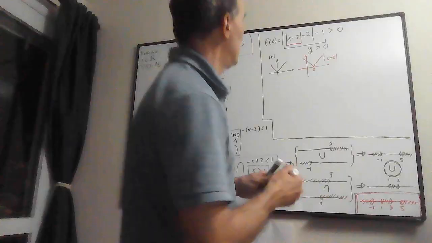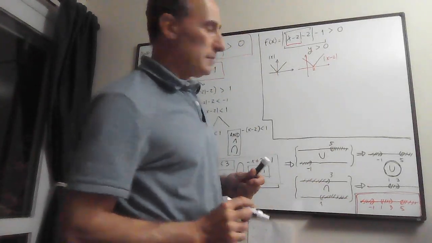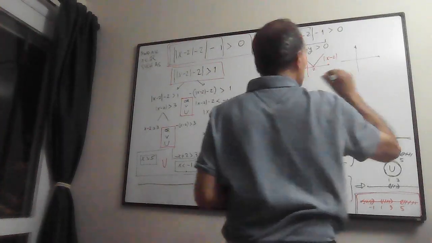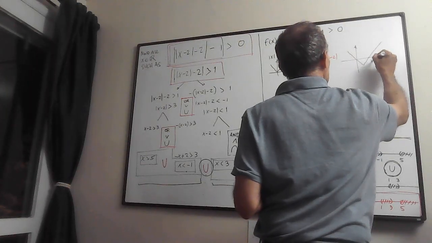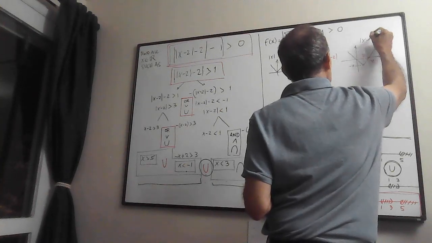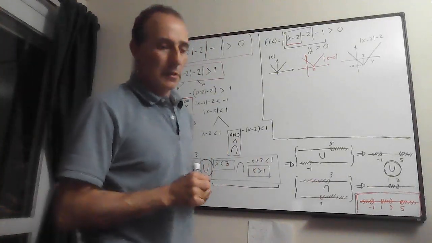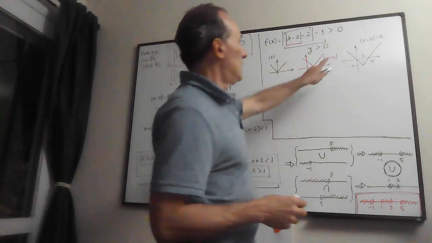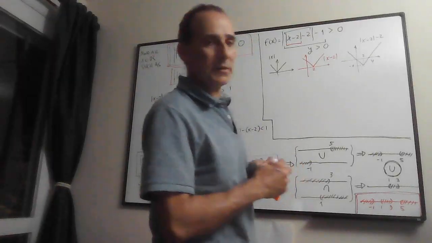Then you have a second transformation, which is a vertical shift. So the graph of the absolute value of x minus 2 is shifted 2 units downward.